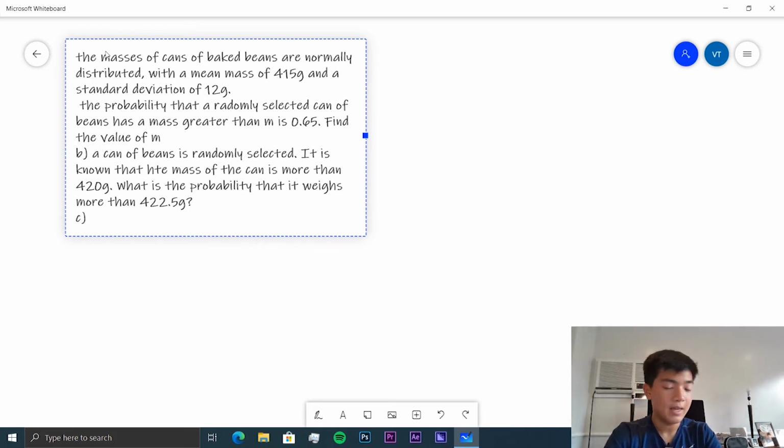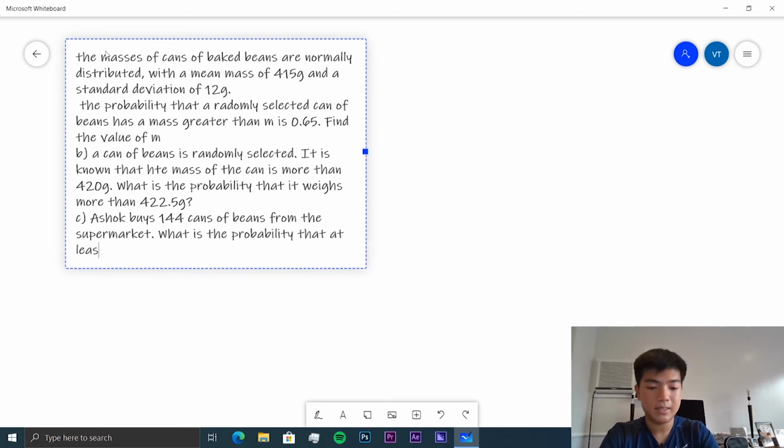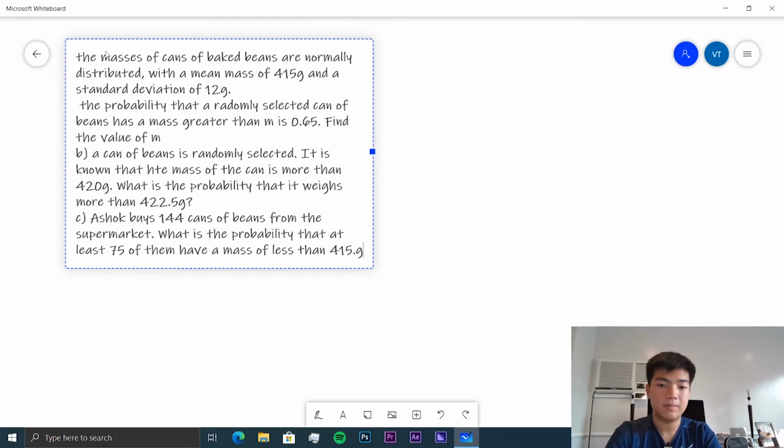And finally, Ashok buys 144 cans of beans from the supermarket. What is the probability that at least 75 of them have a mass of less than 413.5 grams?